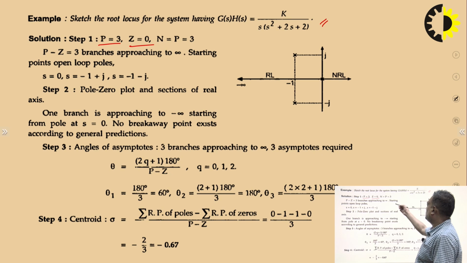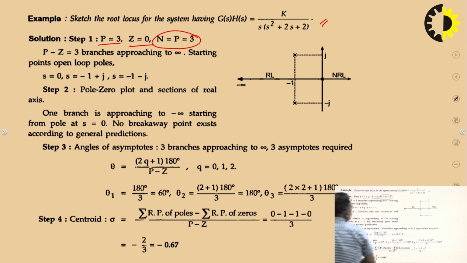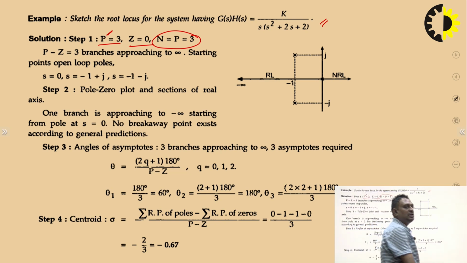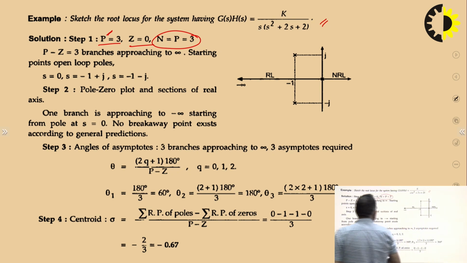So here P is greater than Z, so N equals P equals 3. It means there are 3 branches which will originate from open loop poles, and because there is no zero for termination, all these 3 branches will terminate at infinity. Now we will see which section of the root locus will lie on the real axis.